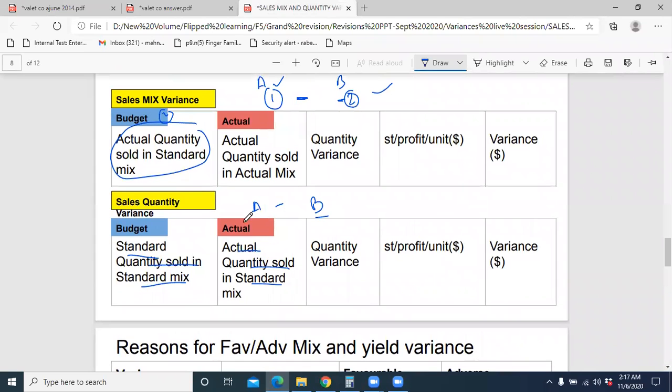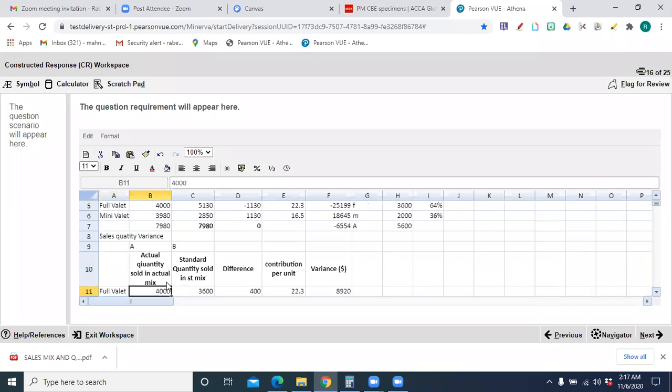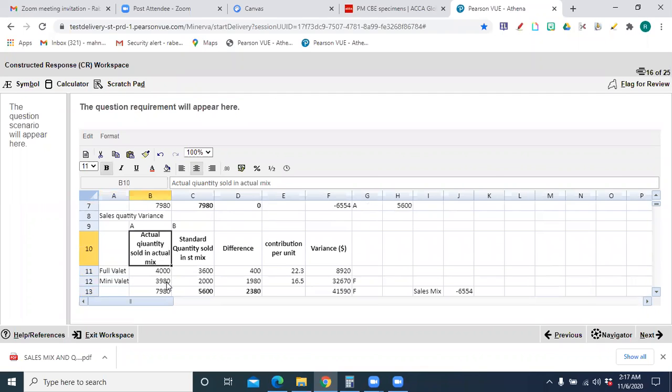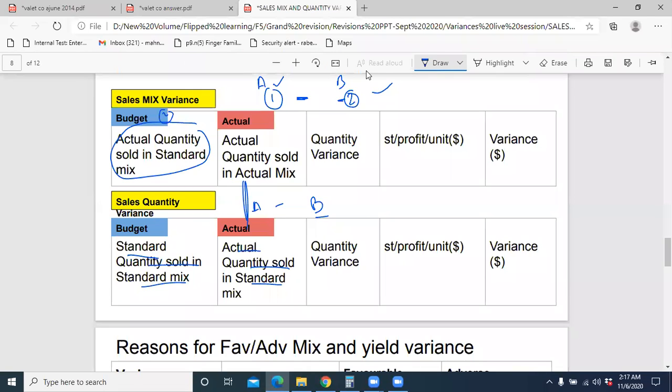The first column of the sales mix variance, which is actual quantity sold in actual mix, is actually the first column of the sales quantity variance. That's it. Any questions?